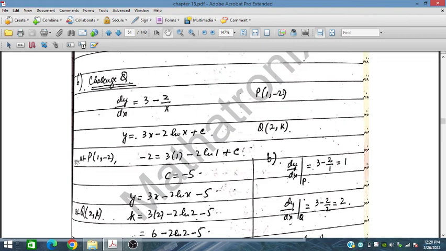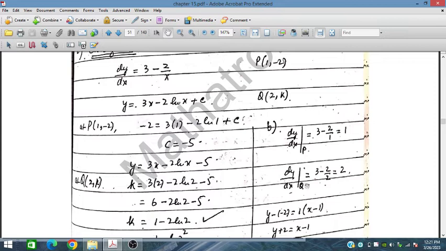And in part B, we are given the gradient at this point. Substituting at P, in place of x we write 1, and we have dy by dx is 1. Similarly for Q, placing 2 here, we have dy by dx is 2.